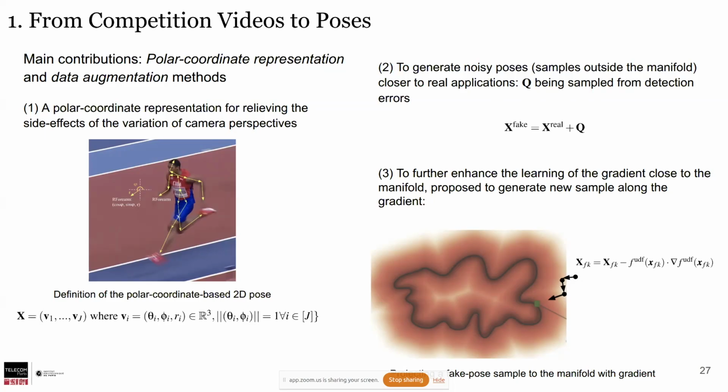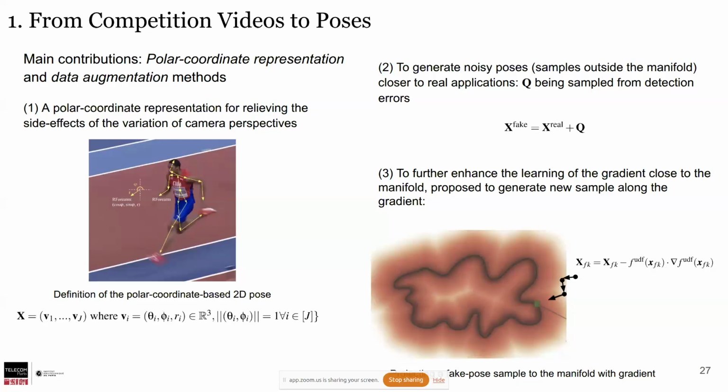The second point is that when we generate noisy poses, we don't fully rely on random noise because we want to be more data efficient. So we sample the errors of those 2D human pose detectors plus some random noise. That makes the fake poses more targeted on what we want to do.